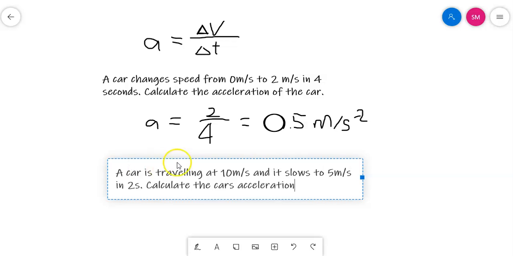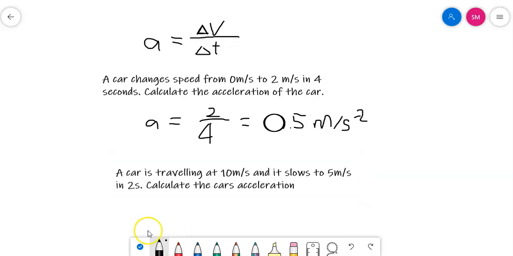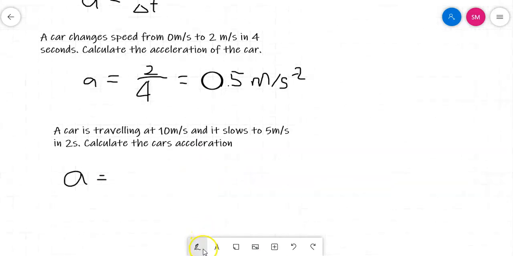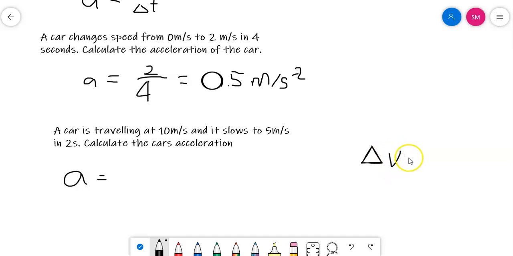For this one, we use the same formula: a equals change in speed over change in time. The change in speed is the final minus the initial. The final speed is 5 meters per second, because it slows down, and at the start the initial speed is 10 meters per second.